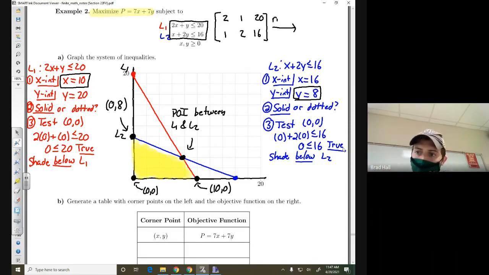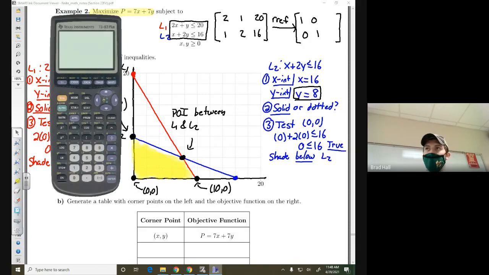This is where we use the RREF command, which normally gives the first two columns as this, and then an additional column, which we're going to figure out. Now again, if you need a refresher on how to do this, I would recommend going back to the augmented matrix section. All the calculator tutorials are in the notes.